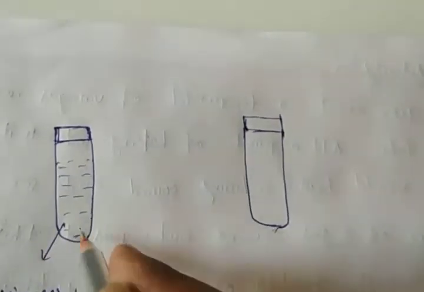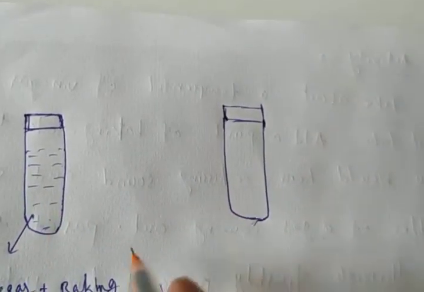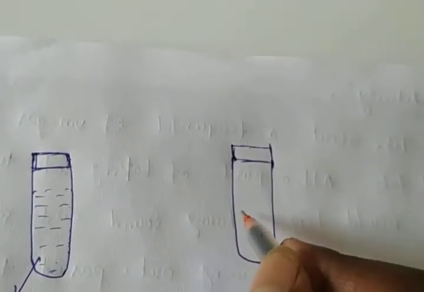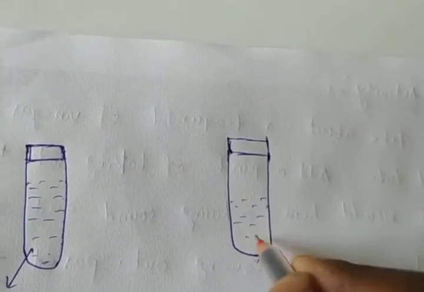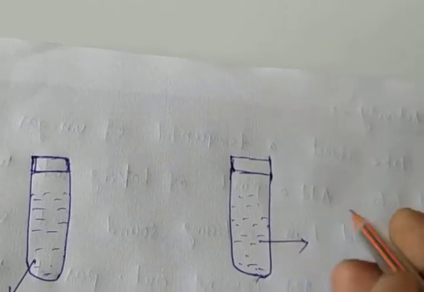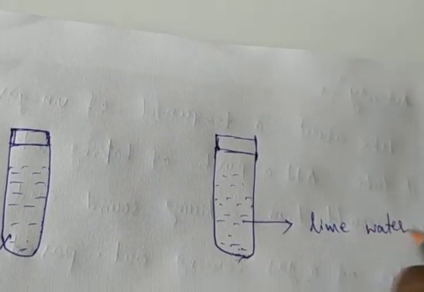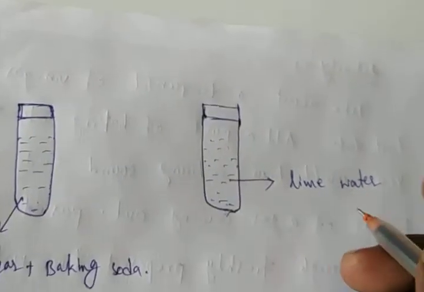Here in the first test tube, vinegar and baking soda are there. And in the second test tube we have to take the lime water. This is lime water. What is the formula of lime water? Calcium hydroxide, CaOH taken twice.